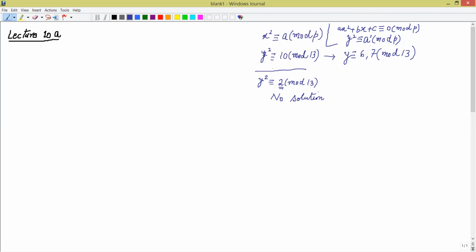Okay, if we look at the numbers here, we have 10 here. So this congruence is solvable. And if we have 2 here, this congruence is not solvable. So the important thing is the quadratic residues.